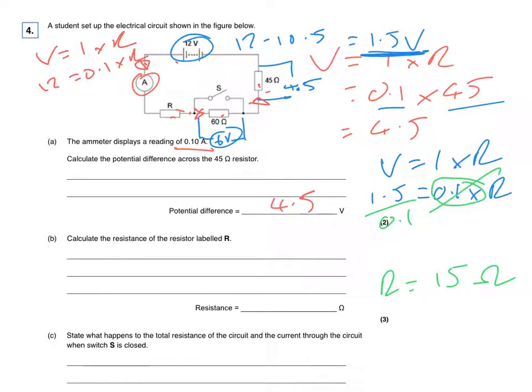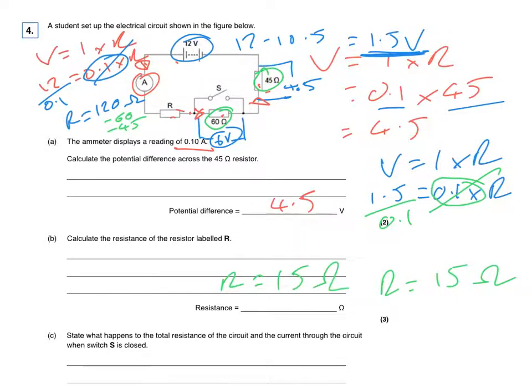So just substitute that into V equals I times R. So again, if we rearrange, take the 0.1 down to the bottom, that cancels with that. R for the total circuit is 120 ohms. However, we've already got 60 ohms there, 45 ohms there, so take both of them off this, and you're left with, lo and behold, 15 ohms.